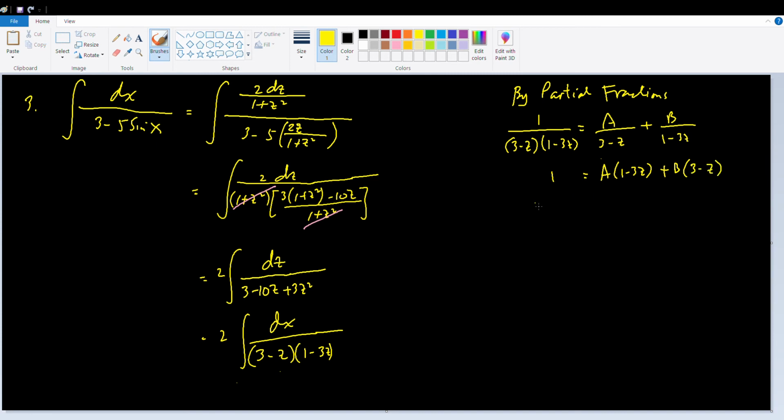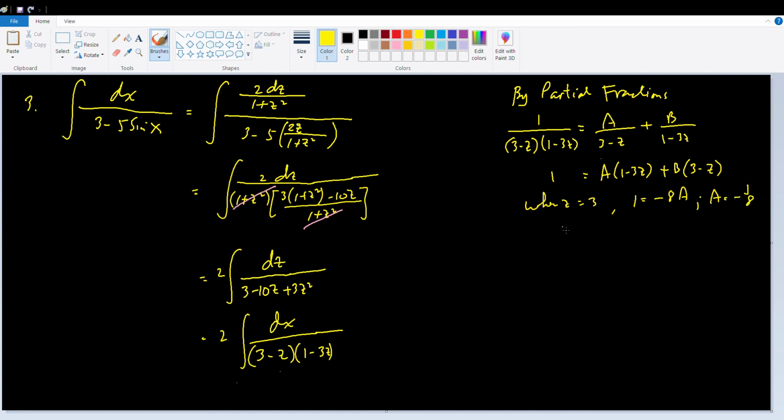So when z is 3, this will eliminate the second term, because when z is 3, this becomes 0. So 1 minus 3 times 3, that will be 1 minus 9. That is negative 8A. 1 minus 9 is negative 8. So our A here will be negative 1 over 8.